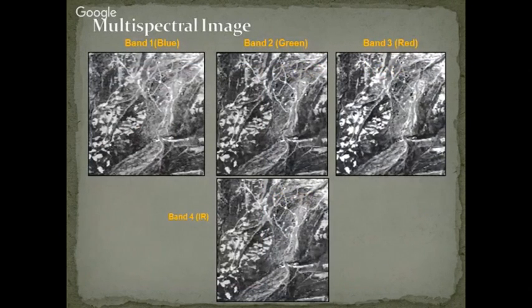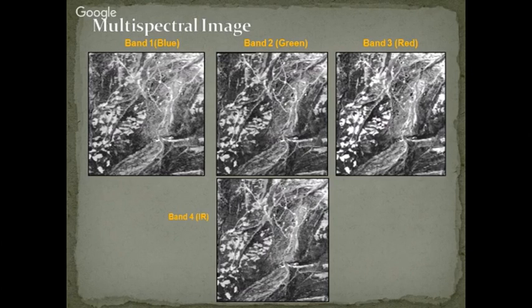Now you see these are four different images, and each image is taken in a different wavelength. Band 1, the blue band, represents the image taken in the 0.4 to 0.5 micrometer wavelength. Band 2, the green band, represents 0.5 to 0.6 micrometers. Band 3 represents 0.6 to 0.7 micrometers.